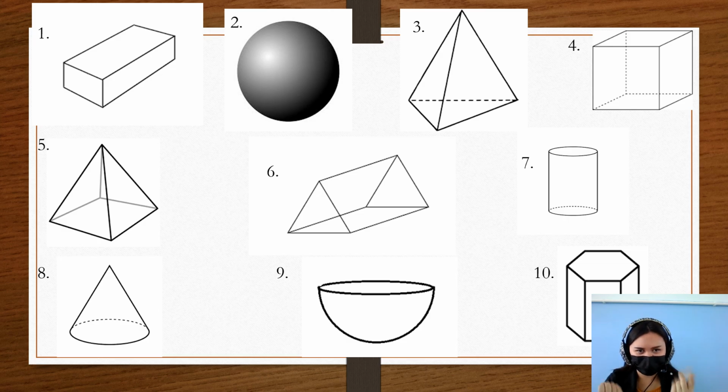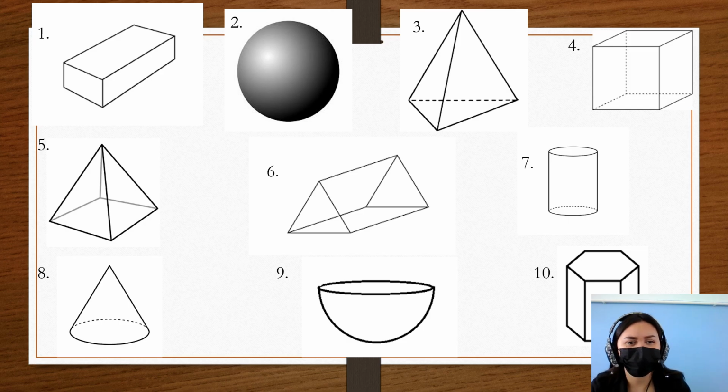Okay, so here we have some examples. Now, can you name all of these? Let's see if we can name these 3D shapes or prisms. Number 1, what kind of 3D shape is this? Okay, this one is a cuboid or rectangular prism.